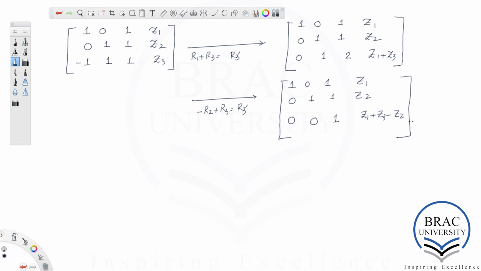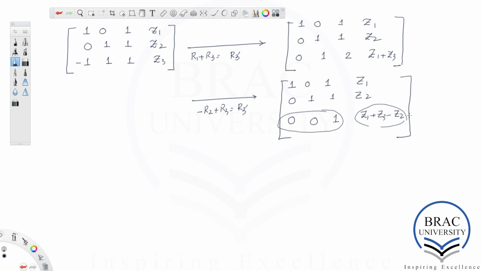Why? Because we see that this is always consistent. If we had all these entries to be 0 and an expression containing Z1, Z2 and Z3 in this position, then we would have a consistency condition, so that the system is consistent under that condition.